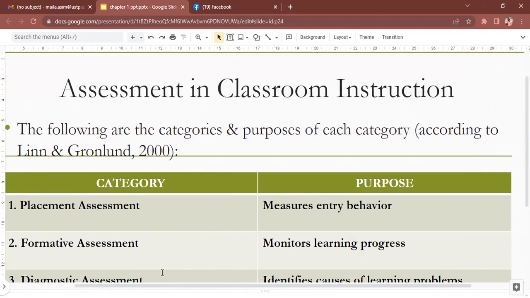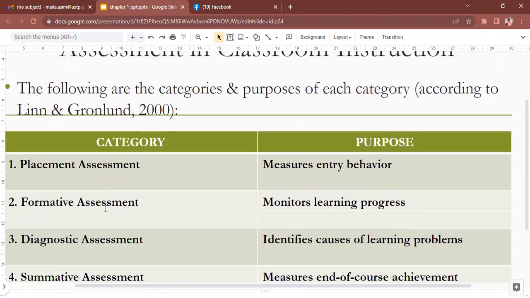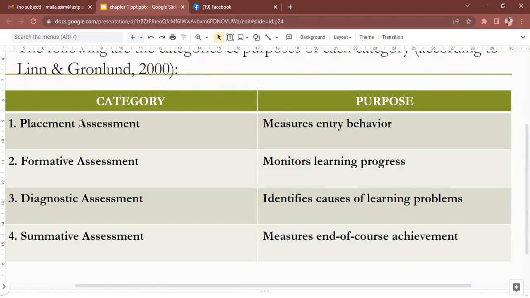These are according to the categories and purposes of each category by Linn and Gronlund, 2000. First and foremost, the categories. These are the four major types of assessment that students, as well as teachers, often get confused about. The first category is placement assessment.